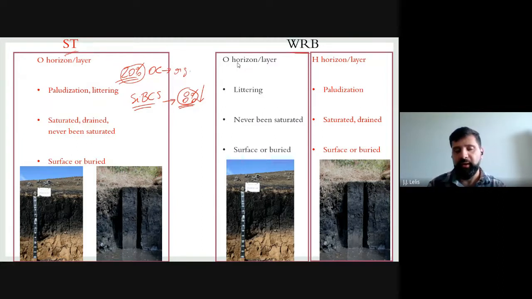But we have a second point, especially regarding WRB, that's very important. In WRB, they have another soil group, the umbrasols.